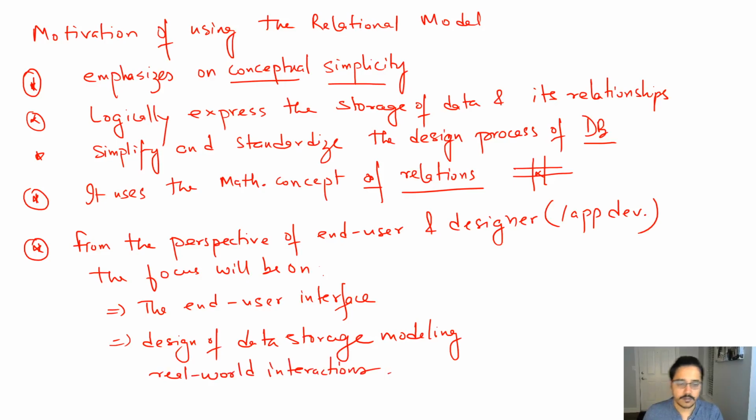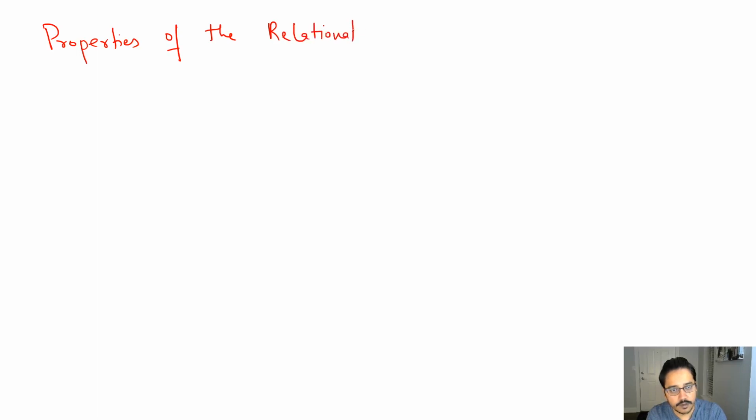All right, so once we understand this, before we move any further, we have to discuss the generic structure or some of the properties of what is known as the relational table. Okay. So whatever data we are going to be storing is going to be stored in what is known as a relational table.